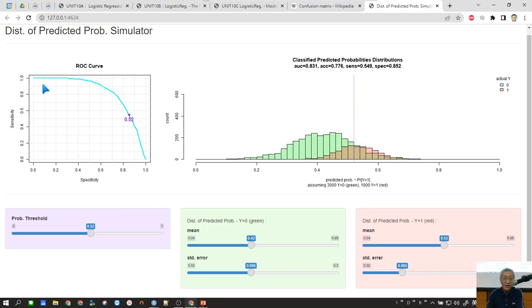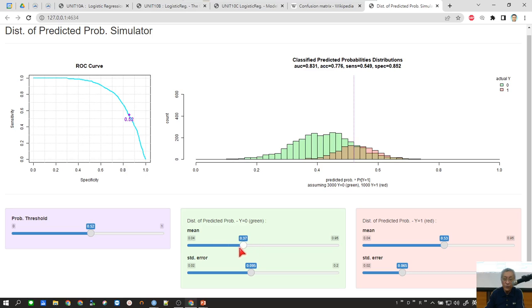And the area under the curve basically is a general indication of how well your model can discriminate, can distinctively separate the two classes. Okay, the bigger the area here, the better your model can separate the two.